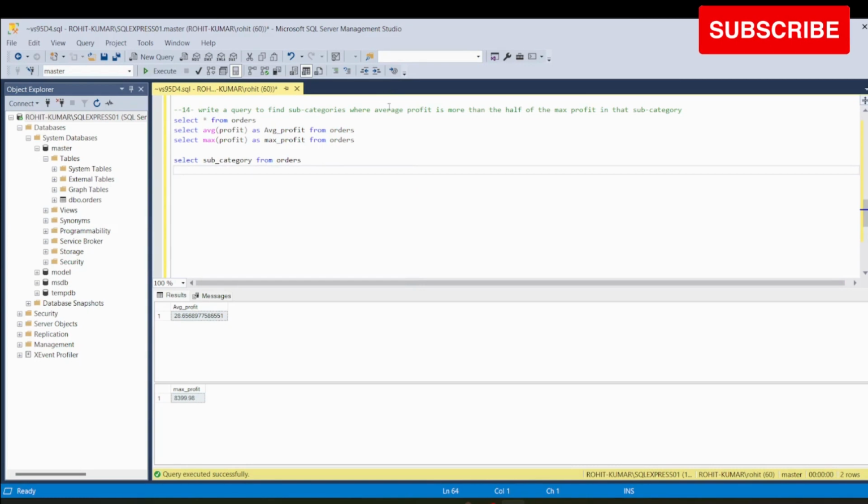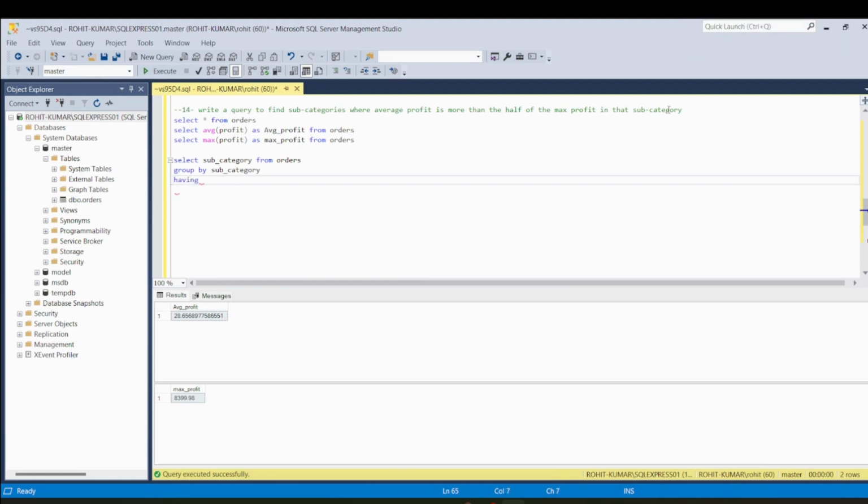Now where average profit is greater. First, we will do a group by, grouping the result on the basis of subcategory, because here it is mentioned in that subcategory. Now we are introducing one more keyword, having, which is used with group by only.